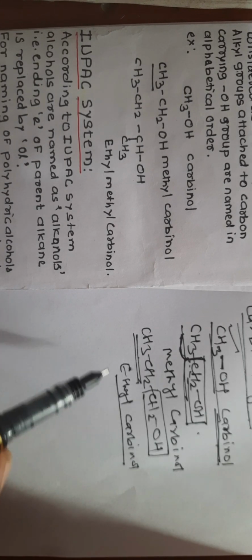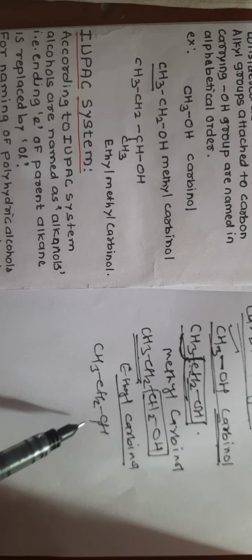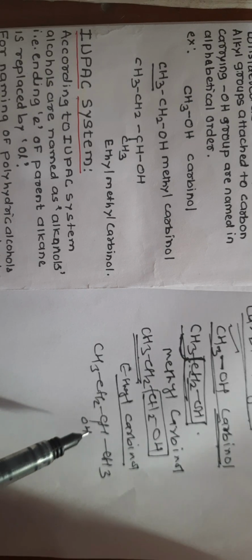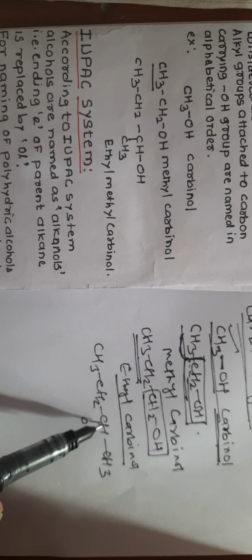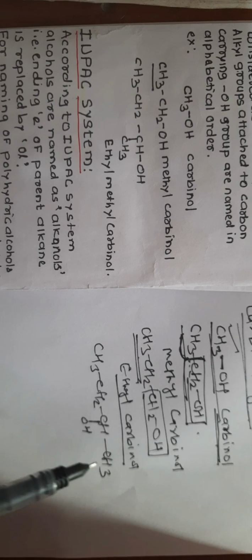Here now, I have taken one more example. See here now. If this OH group is present in the middle of the chain like this, CH3CH2CHOHCH3. Now, according to the common name method, the name of this alcohol is sec-butyl alcohol because this OH group is attached to a secondary carbon atom. There are four carbon atoms, therefore it is butyl.